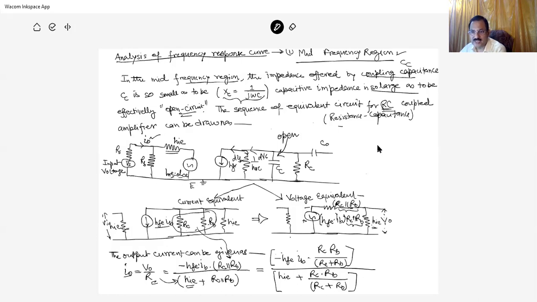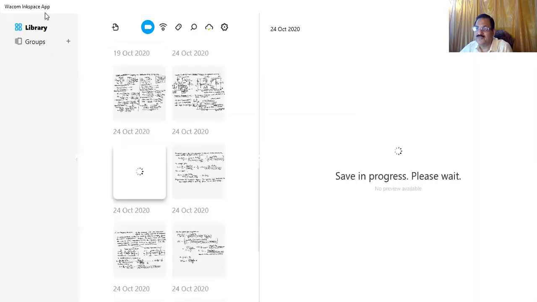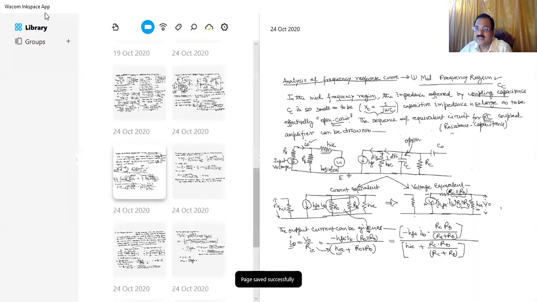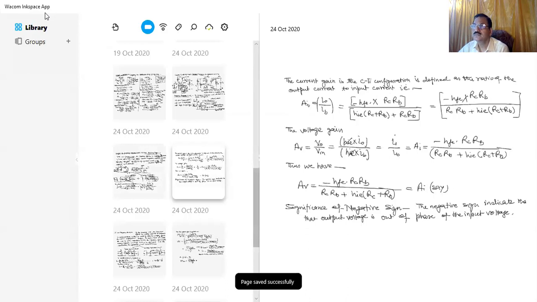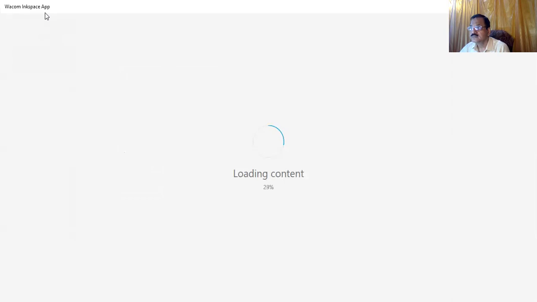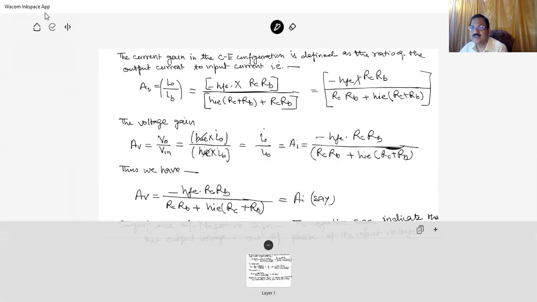So the output current is nothing but the output voltage, that is the voltage developed across this one, divided by the total current in the circuit. So this is the output current, and from this output current we can have the current gain.